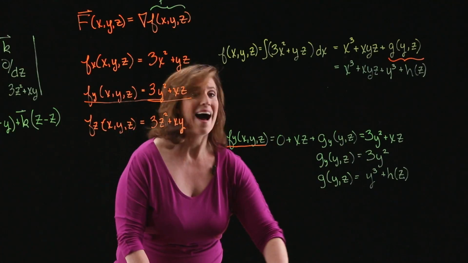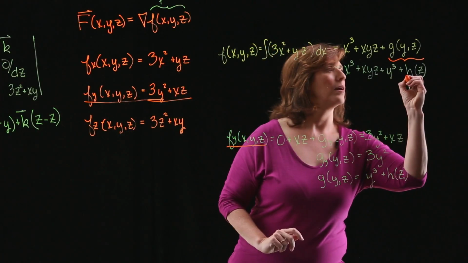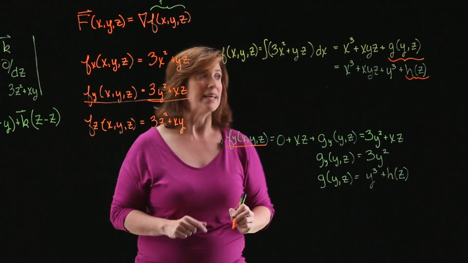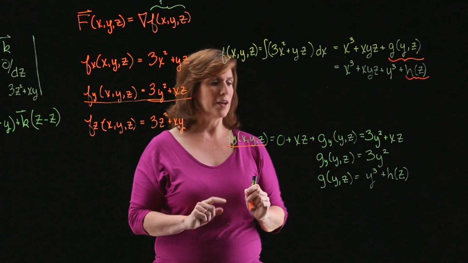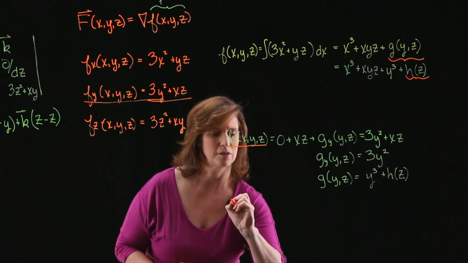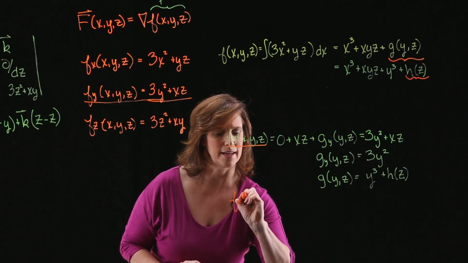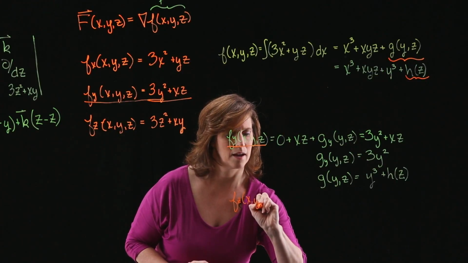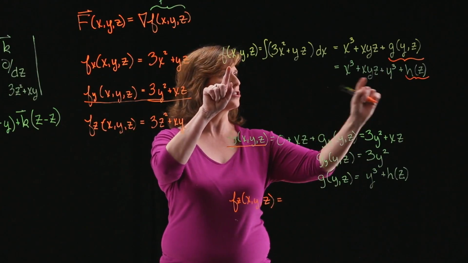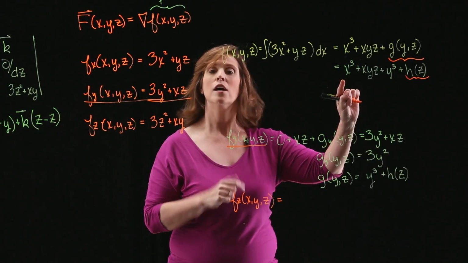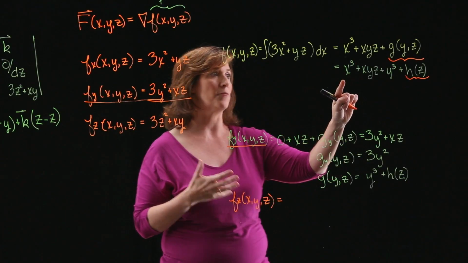Okay. Now, I'd really like to find out what that function of z is. So I'm going to do a similar thing. I'm going to look at the partial of f with respect to z. I'm going to start by taking the partial of this function with respect to z. So everything is treated as a constant except for the z.